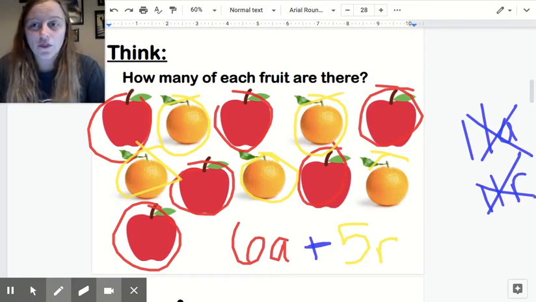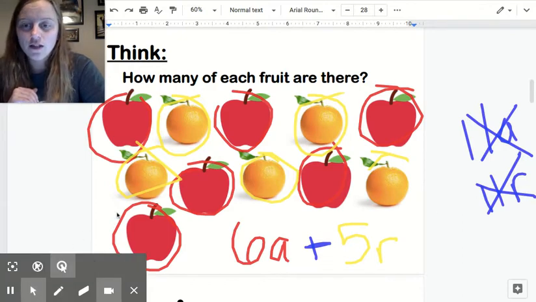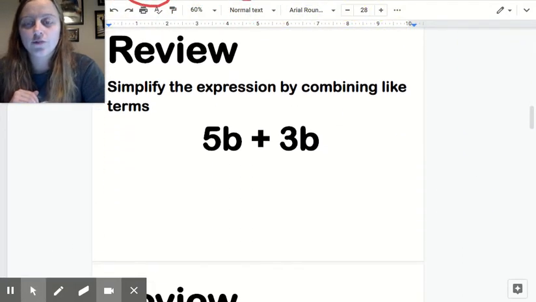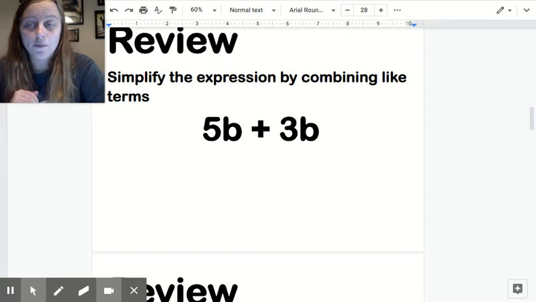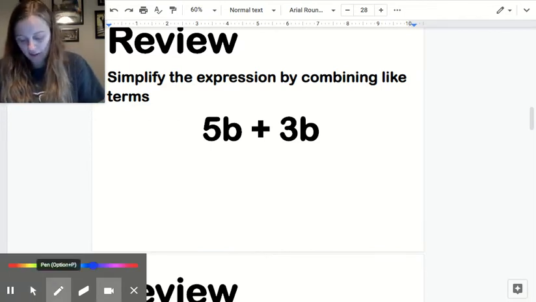That's the same thing with terms. If it's a different variable, they do not go together. But if they're the same variable, you can combine them. So when I look here, this is review. I have 5b plus 3b. That's like saying I have 5 bananas and 3 bananas. So I need to figure out how many bananas I have total.